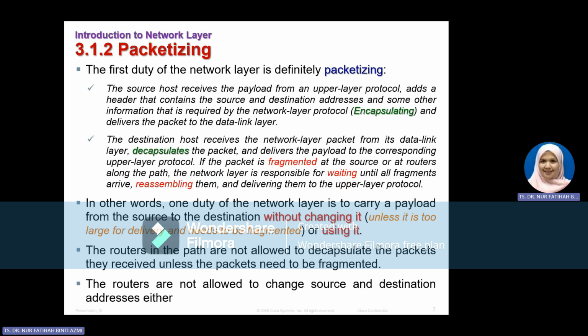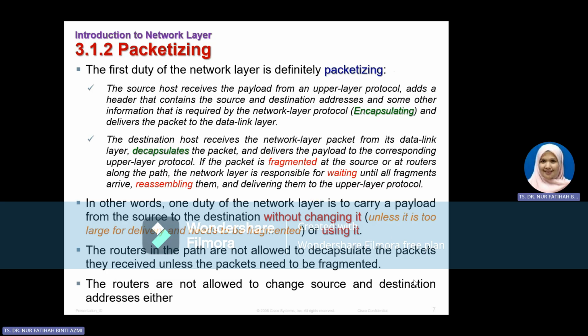If the packet is too large, it will be fragmented along the path and reassembled at the destination. Maksudnya dia kecil-kecilkan dulu and then dia gabungkan balik at the destination.